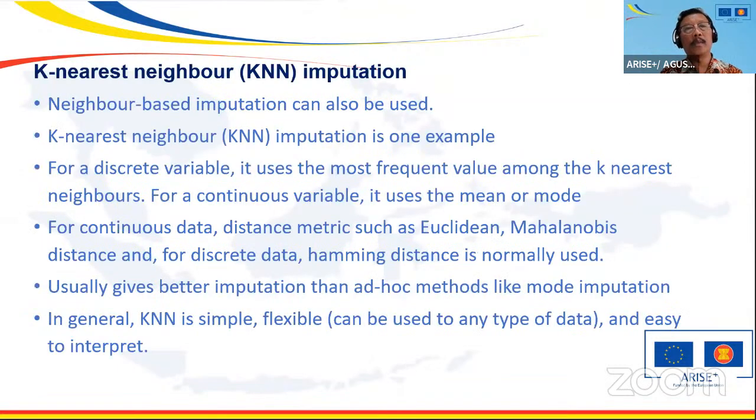The nearest neighborhood. This is basically also based on the assumption that the current value, the missing value, may not be far away from the neighborhood.